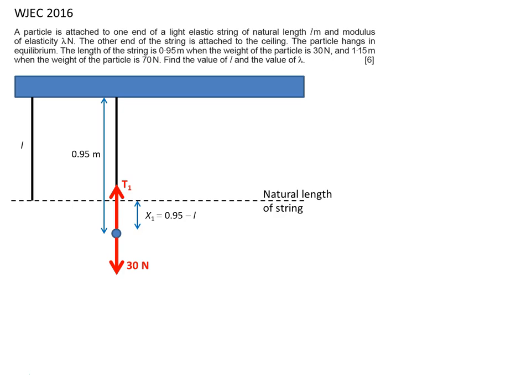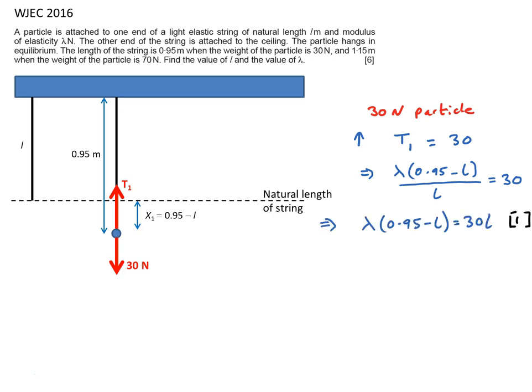Because it's hanging freely in equilibrium, we have T1 must equal 30 newtons. And applying Hooke's law, we've got lambda times the extension 0.95 minus L, all divided by L, must equal 30. In other words, we have the equation lambda times 0.95 minus L must equal 30L.